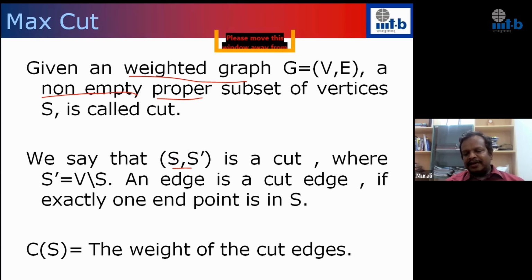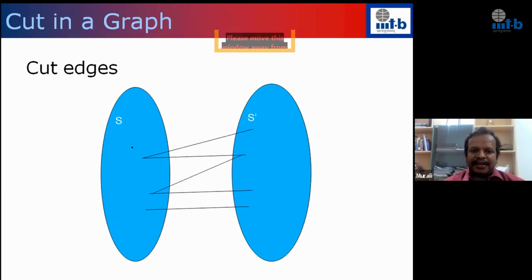So if the number of vertices I pick is between 1 and n minus 1, then S dash will also have between 1 and n minus 1 vertices. So both will be valid proper sets, both non-empty. So you can take this as the set of vertices S, and this as the set of vertices which are not in S, that is V minus S.